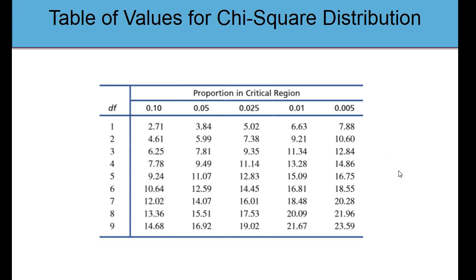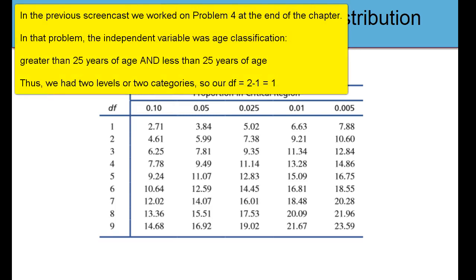And in the example we were looking at in the previous screencast, we actually only had two categories of participants. One was those that were greater than 25 years of age and those that were less than 25 years of age.